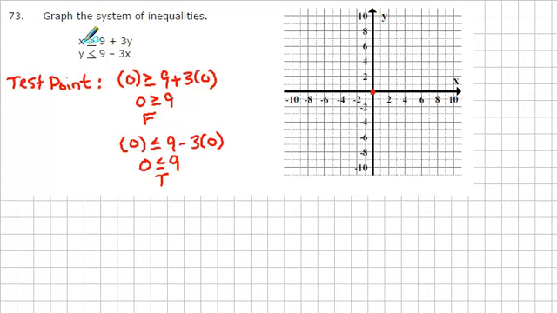Let's first of all graph the inequality x is greater than or equal to 9 plus 3y. Let's first of all determine where x is equal to 9 plus 3y.